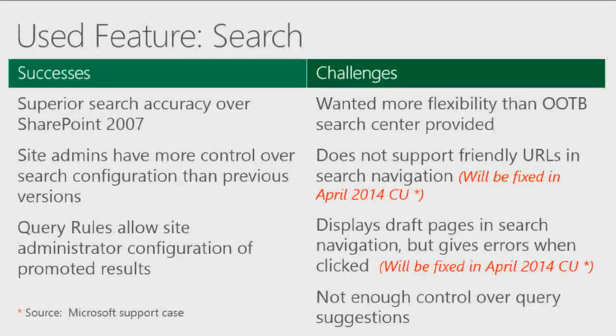Query suggestions, also known as autocomplete. This is actually a pretty cool feature where a user can start typing a query and it'll go, oh, hey, we've had a lot of other people type this query before. One thing we came to realize is that this is actually disabled for anonymous sites, and there's a valid reason for that. As Katie can attest to, if content authors are searching for a page that they want to edit, but it's a new product we're about to launch, we don't want that information to be leaked out.